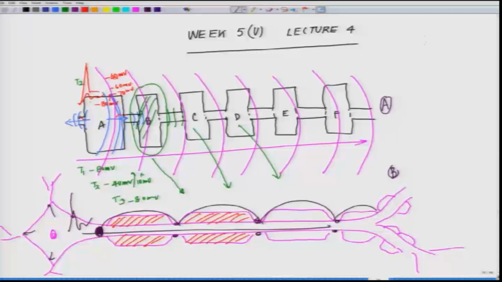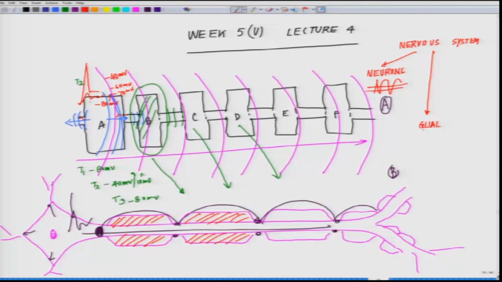So, the nervous system consists of two major cells. One is the neurons, which are electrically excitable. So, I am just putting something like this. These are electrically excitable cells. The other cell type is called glial cells.